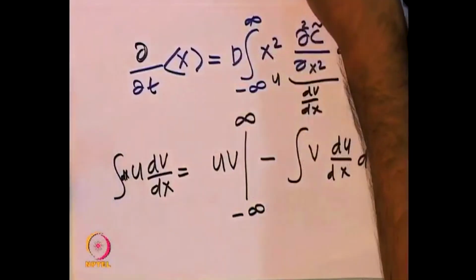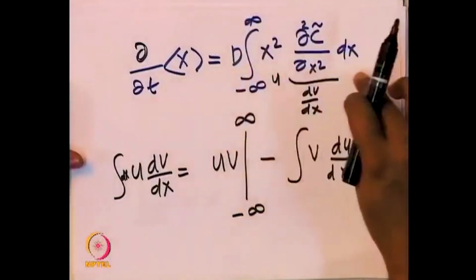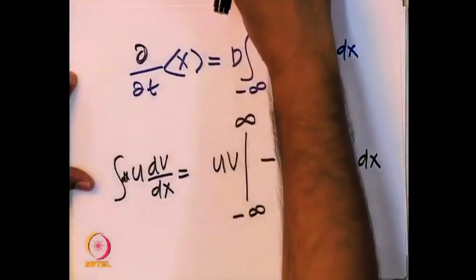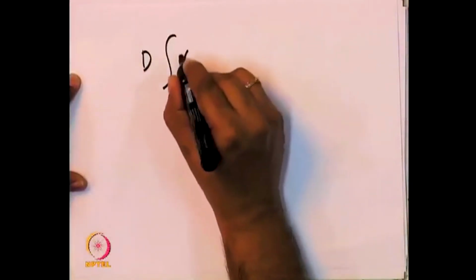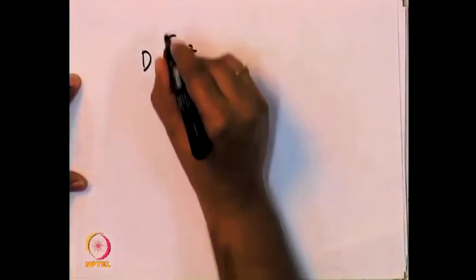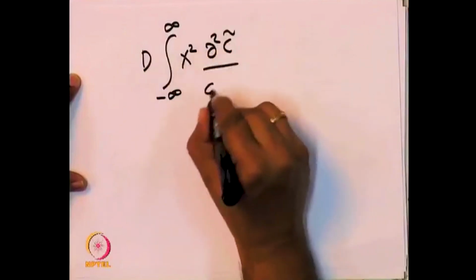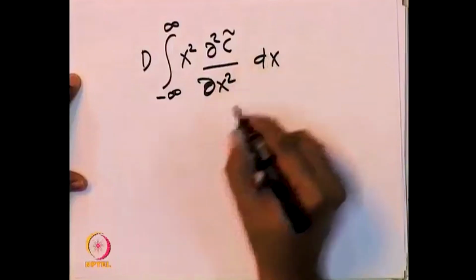So, if you look at this carefully, let us write down only the right hand side. What we have is D into integral x square del square c tilde by del x square dx.